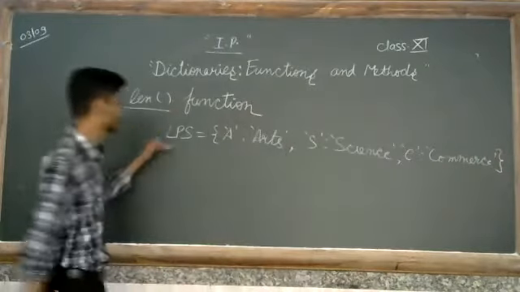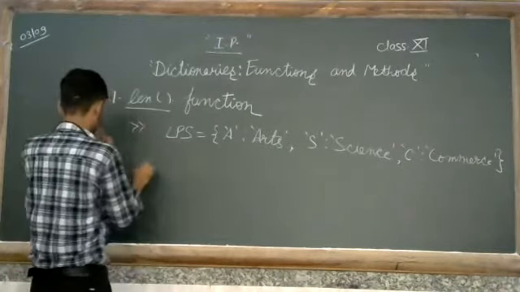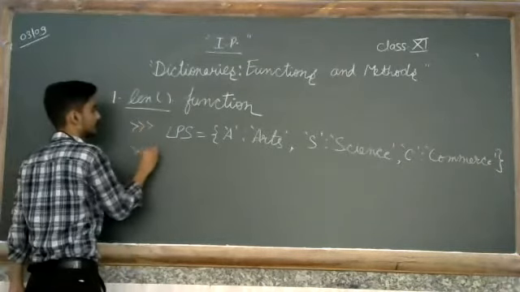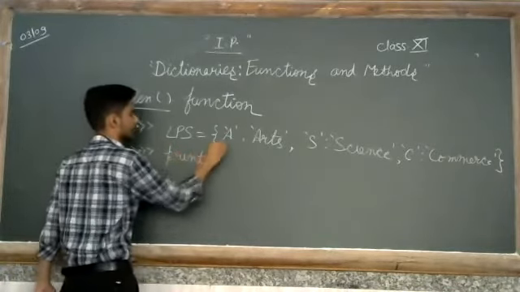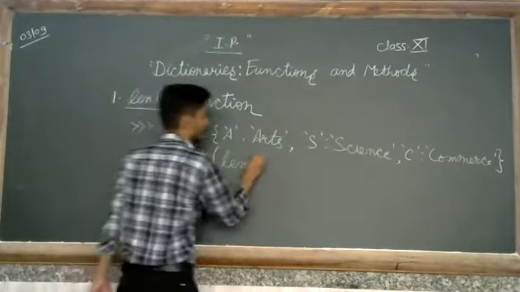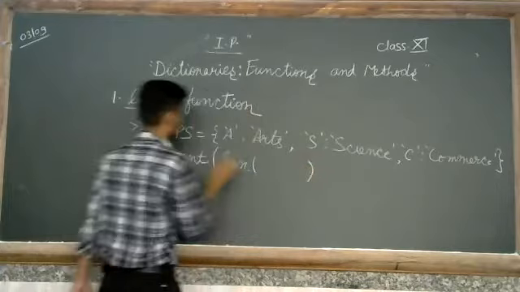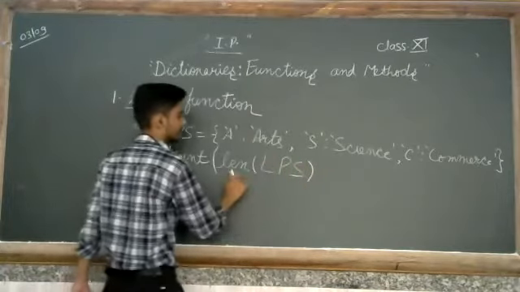This is my dictionary named LPS. Now I want to print its length. So I will write here print, in which I am passing len. Len is also a function. And inside the len function, what will I pass? LPS. This is my len function.